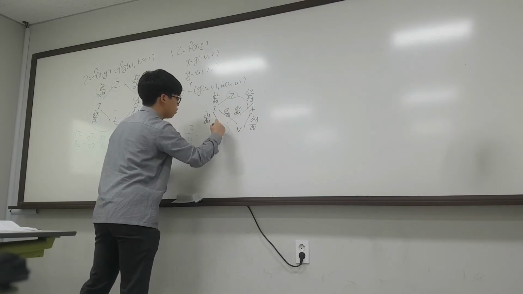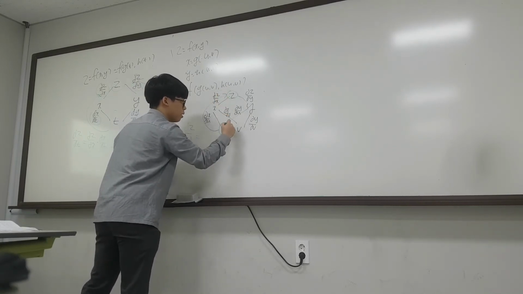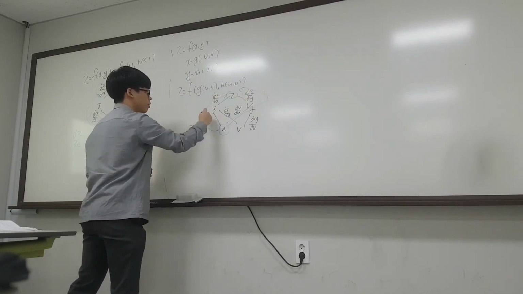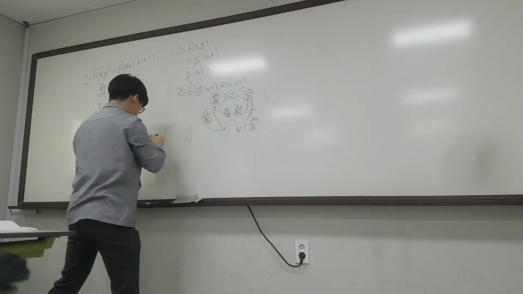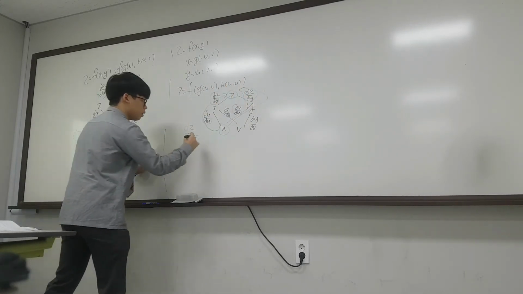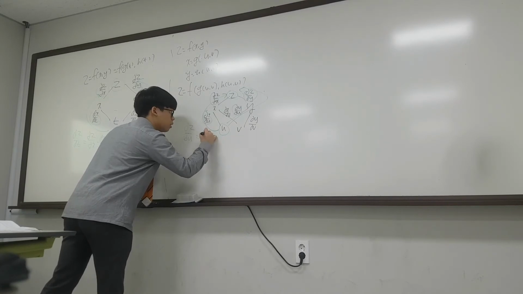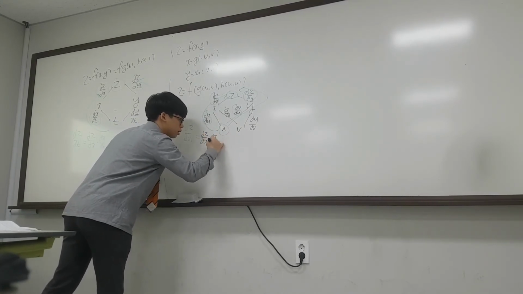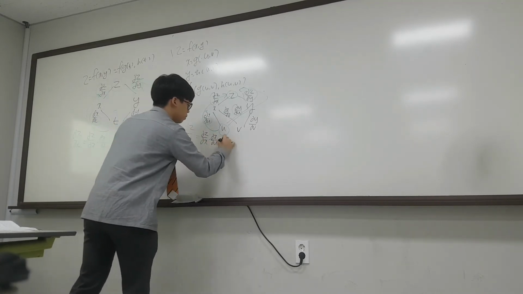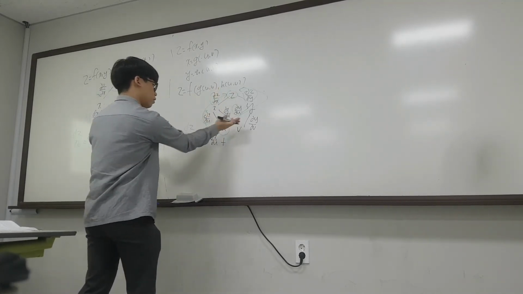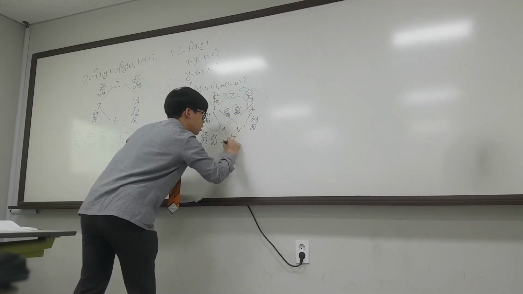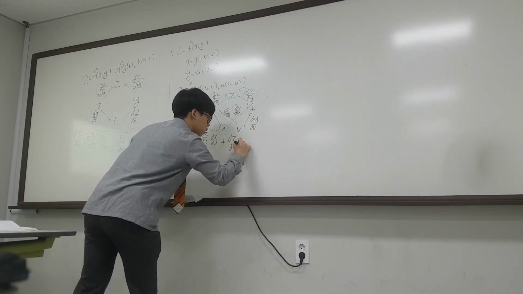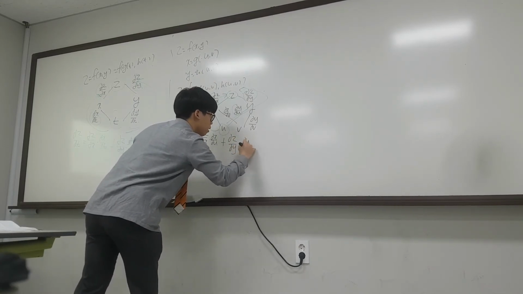So we go like this and this. We multiply these, and these. It'll be delta z delta x times delta x delta u plus what's in this part: delta z delta y times delta y delta u.